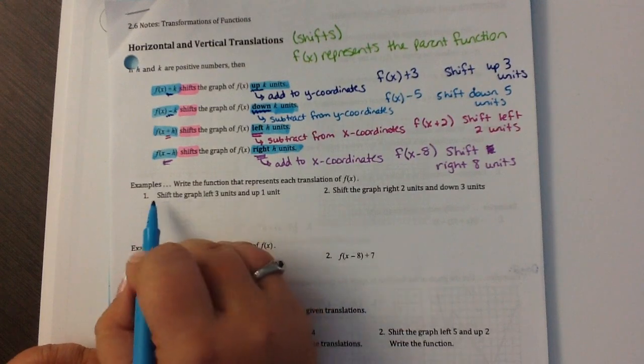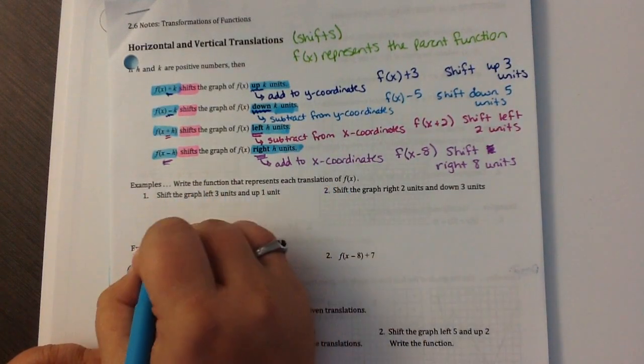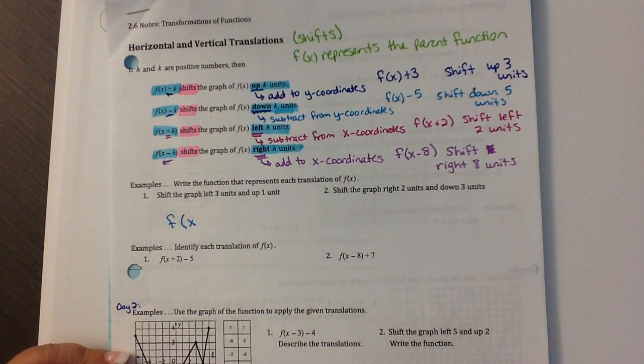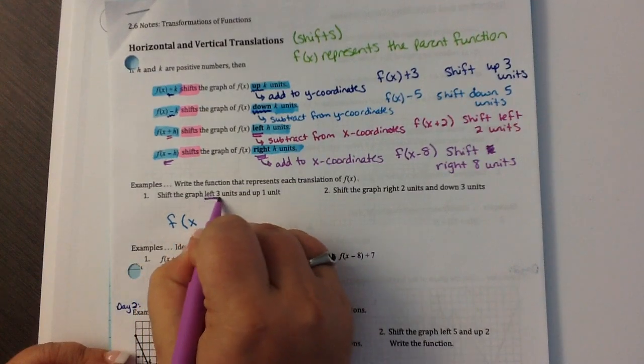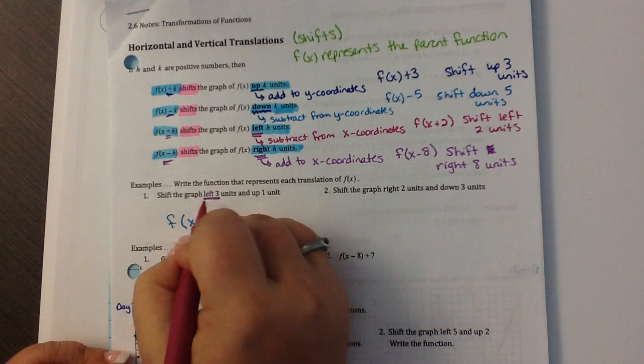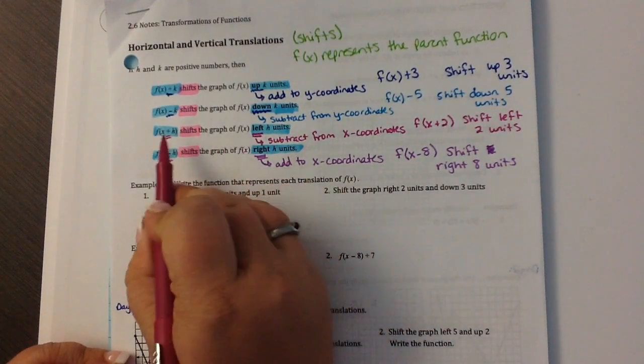Okay, so let's talk about this. We are going to write a function with an f of x, so we're going to start with f of x. And if it wants it to go left 3, oops, that's the wrong color. Left 3, so we look up here, left. So where did that go?